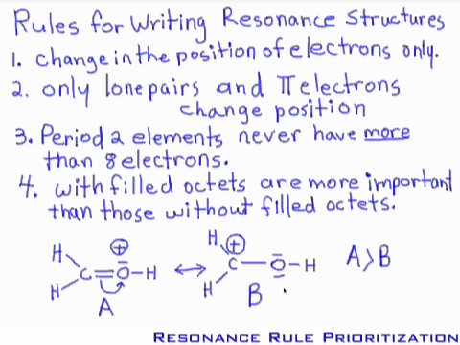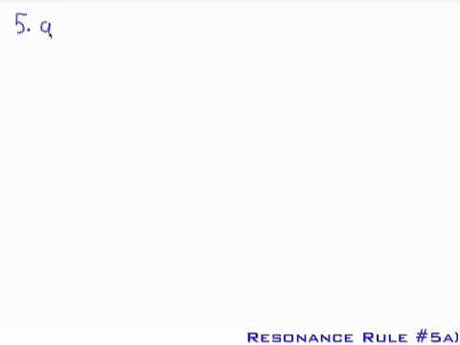Let's look at a situation where we have to apply another rule. For the rules for writing resonance structures, I'm now going to begin with rule number 5, and this one's called A. What is 5A?